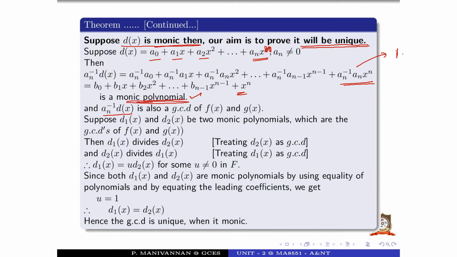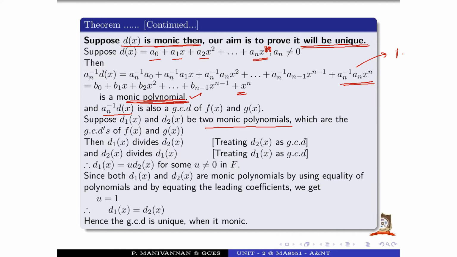If d of x is a GCD, then an inverse times d of x is also a GCD. Some constant multiplication is also a GCD of these two terms. Suppose d1 of x and d2 of x are two monic polynomials which are also GCDs of f of x and g of x. Let us assume this.